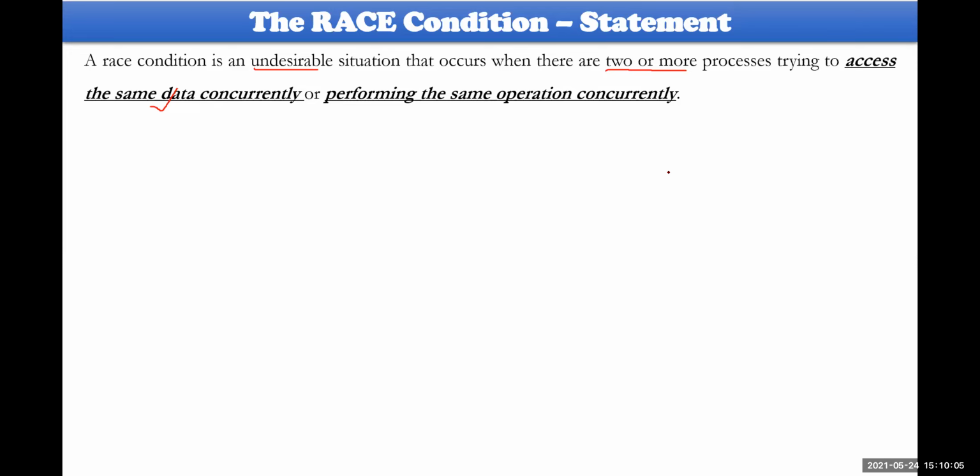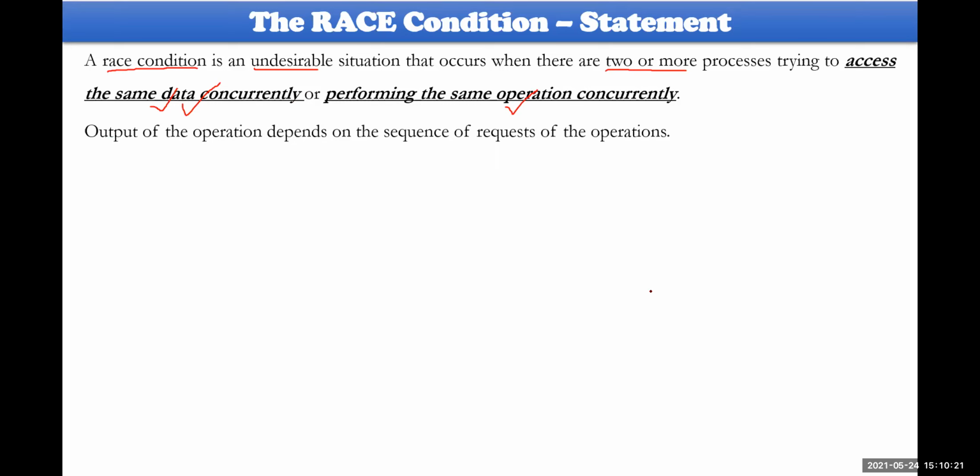So in either of the systems, you may perform some operation concurrently, or you may access the data concurrently. With these two situations, a race condition will occur. Let us see one by one.